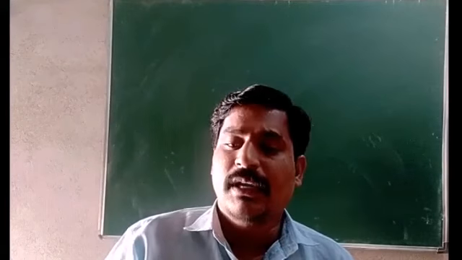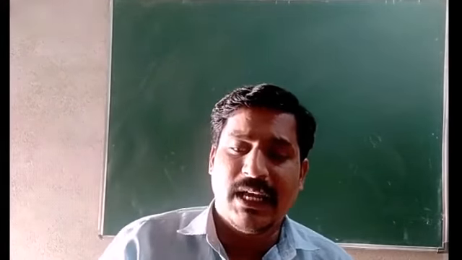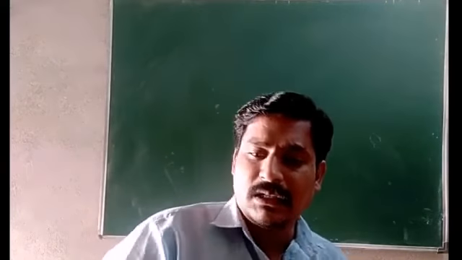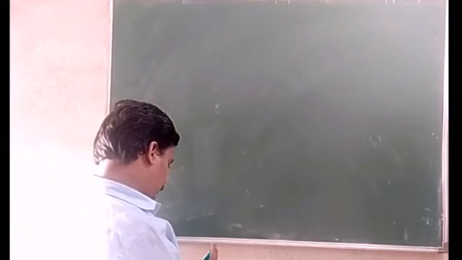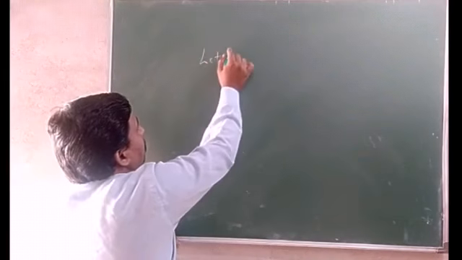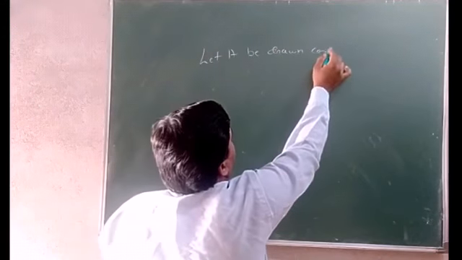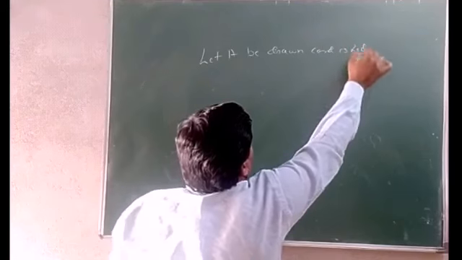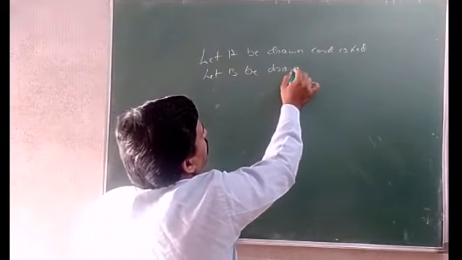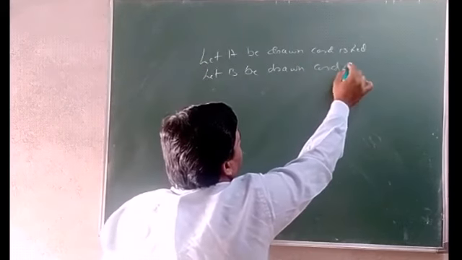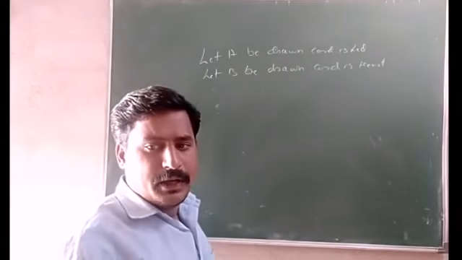Okay. So here let A and B, so we select an event. Let A be: drawn card is red. And let B be: drawn card is heart. Okay.